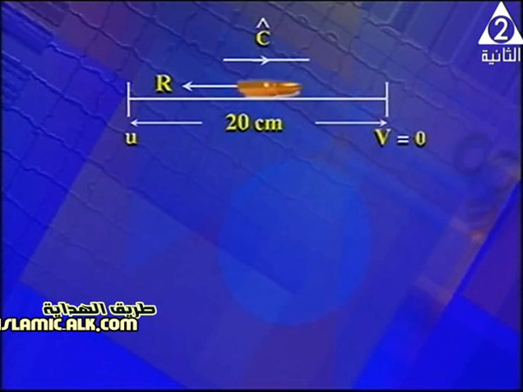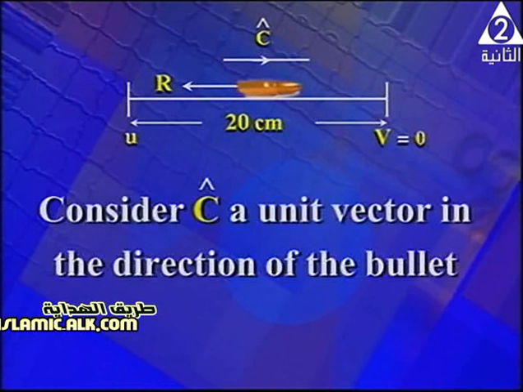Look at the bullet. What is the c vector? It is the unit vector in the direction of motion of the bullet. The direction of resistance is opposite to the motion, so the R vector is opposite the c vector.